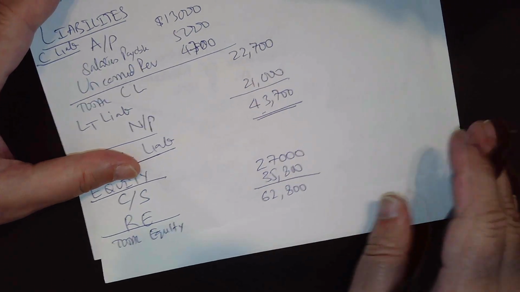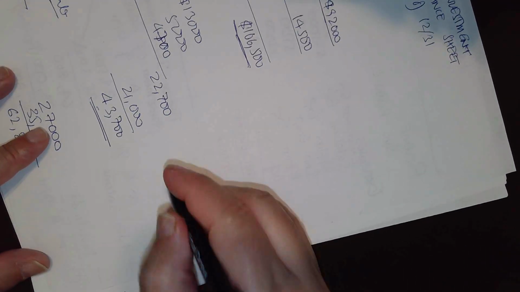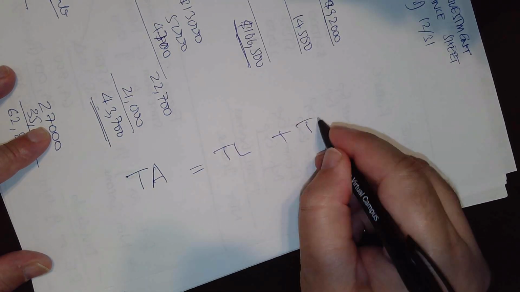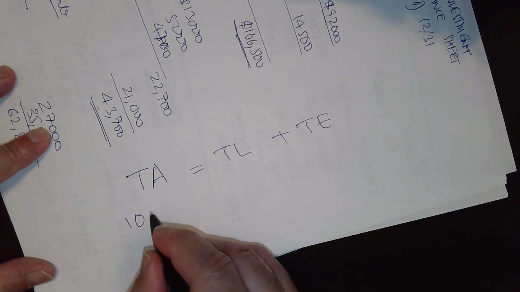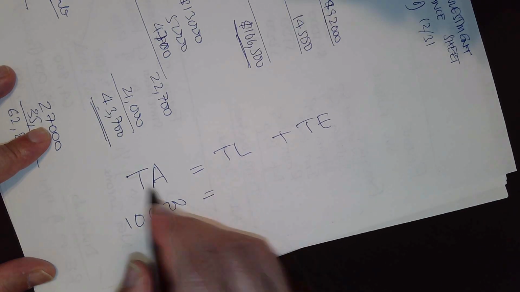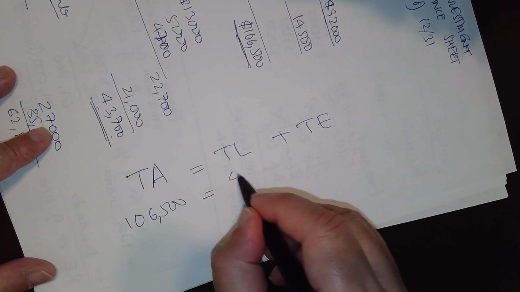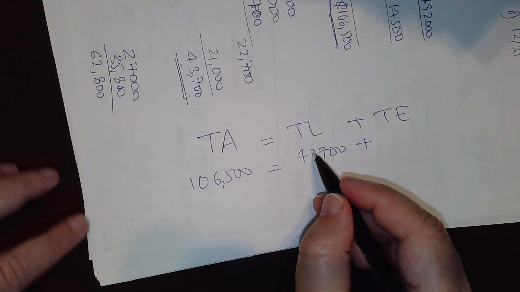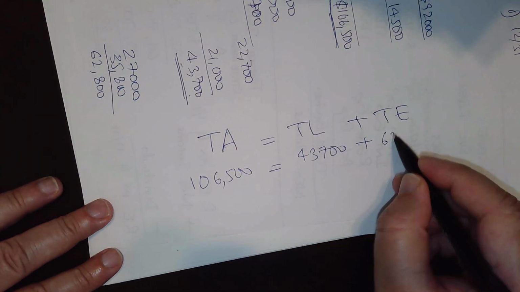Now you remember the formula: total assets equal total liabilities plus total equity. Total assets is 106,500. Total liabilities is 43,700, plus total equity, which turns out to be 62,800.